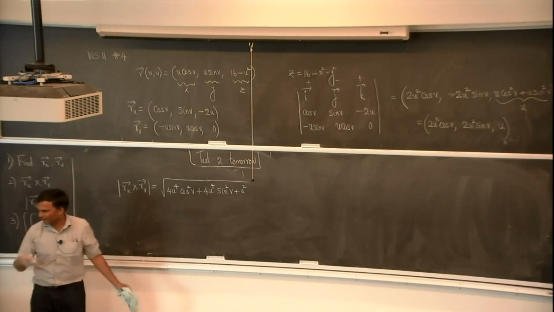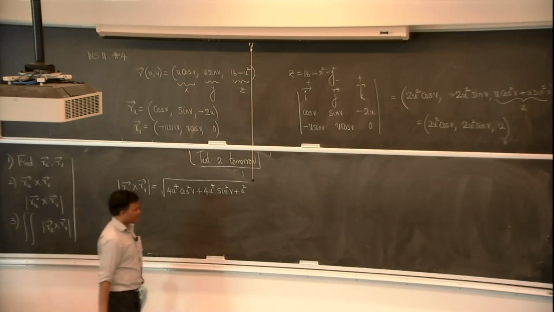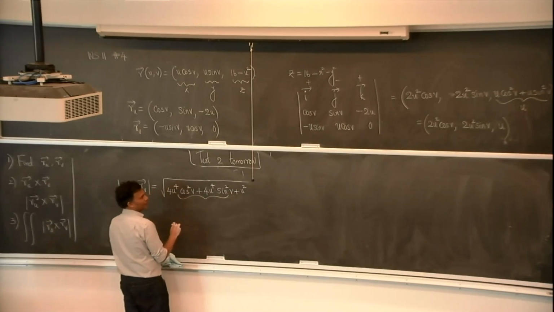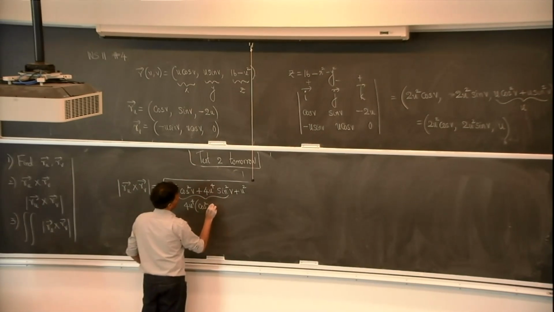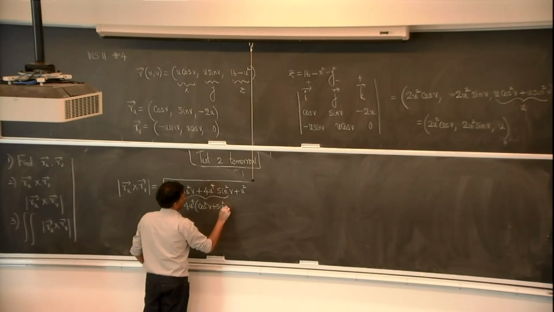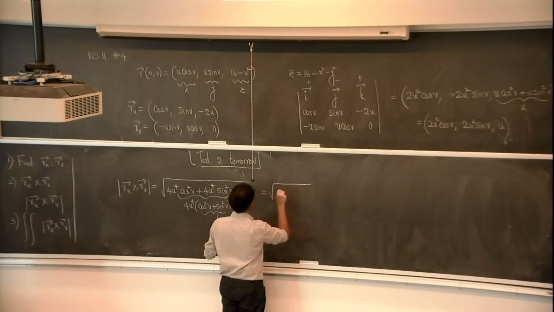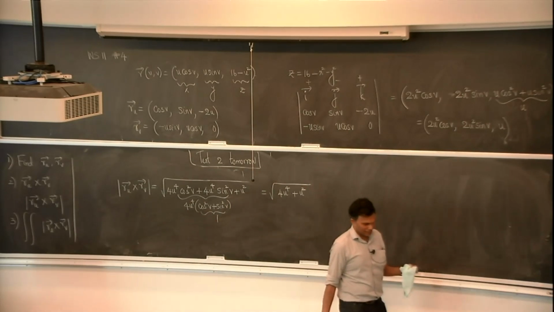All the algebraic options are still in front of you, but that might actually avoid a possible mistake later. So these again, I love doing this because cosine square plus sine square is 1. So it gives you the square root of 4u to the 4 plus u square. I've asked similar questions in past exams.